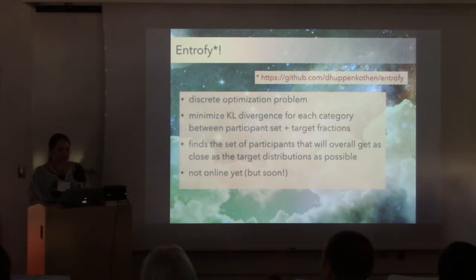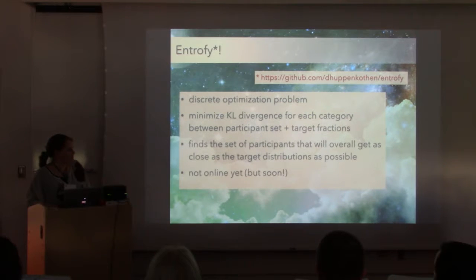It turns out it's a discrete optimization problem. You minimize something called the KL divergence for each category between some participants and some targets that you have. And that finds you the sets of participants that will overall get as close to your target distributions as possible.